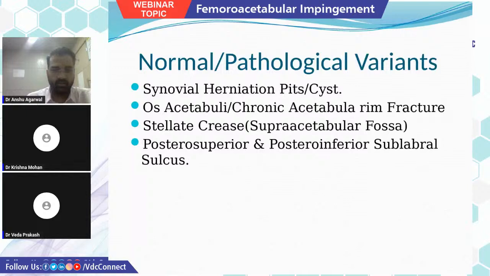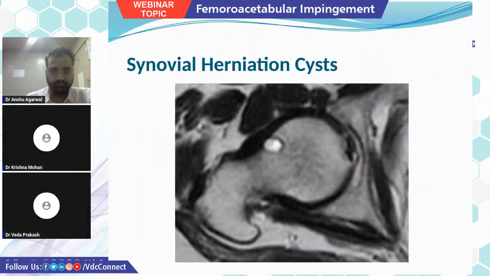Now, there are a few normal pathological variants which are usually seen and may be associated with femoral acetabular impingement, like synovial herniation cyst. Now, it is usually seen in the anterolateral femoral neck junction.